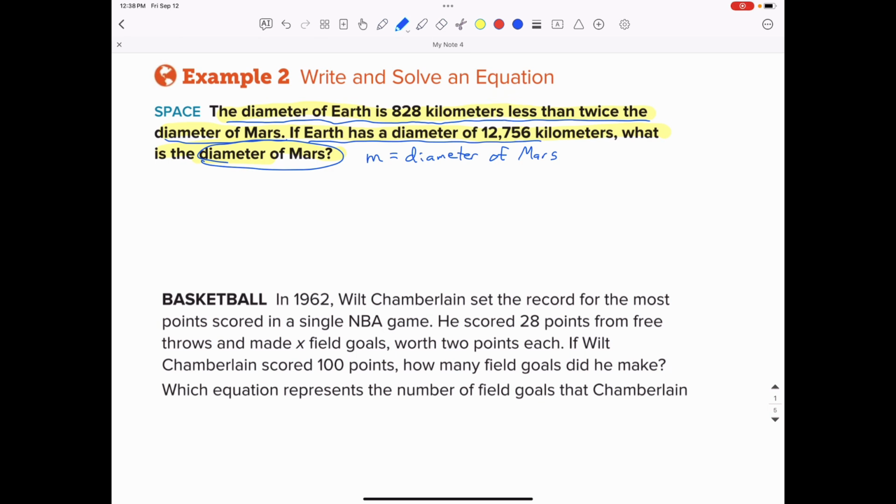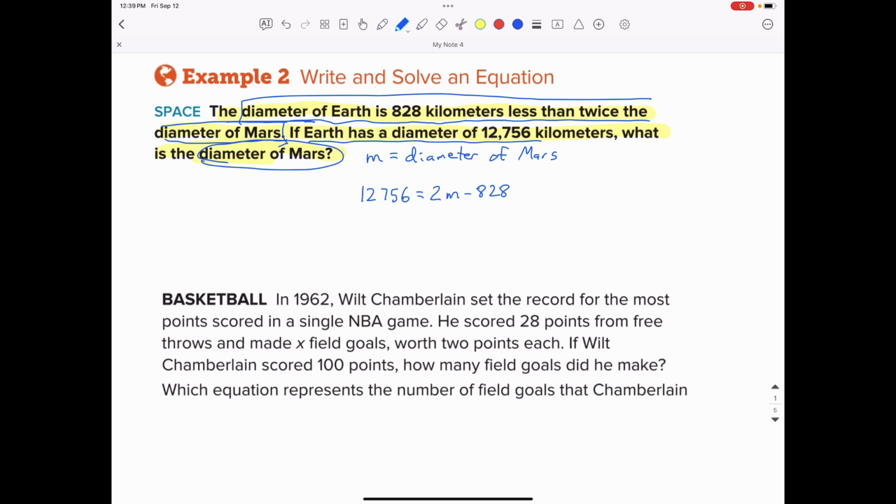So we can set up an equation by setting that 12,756, that is the diameter of Earth, equal to 828 kilometers less than twice the diameter of Mars. If the diameter of Mars is m, twice that would be 2 times m, and 828 kilometers less than that would be 2m minus 828.